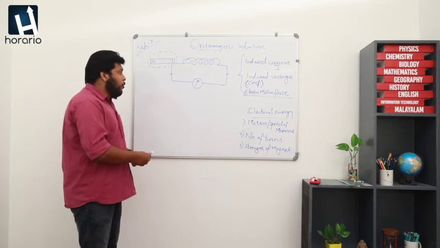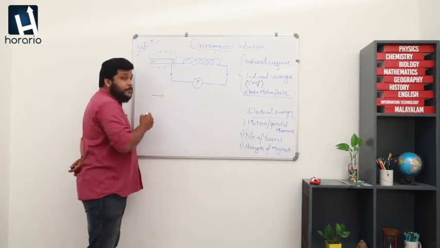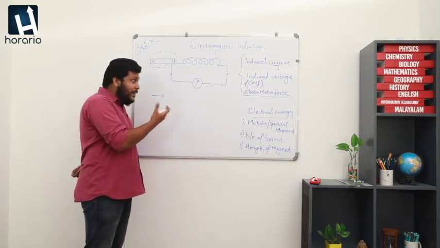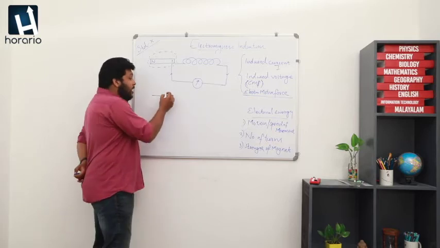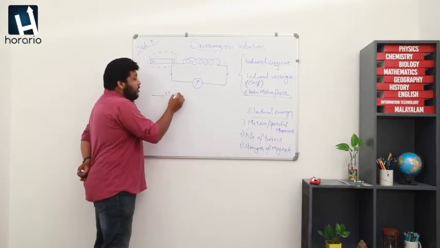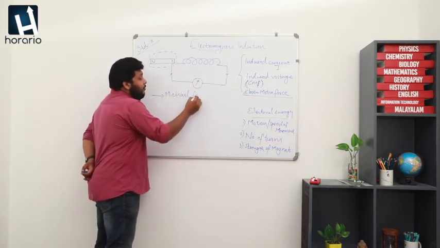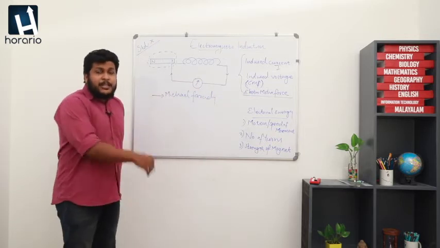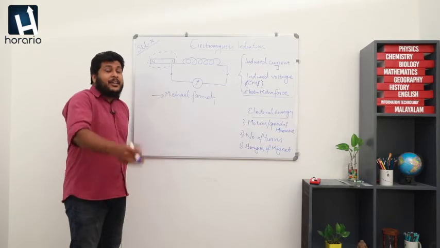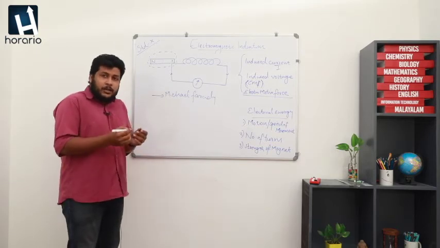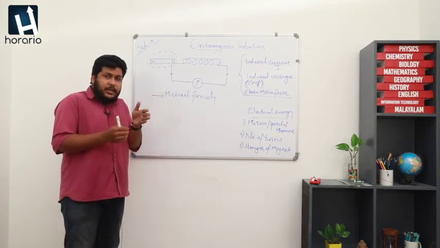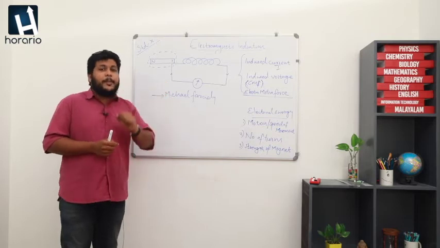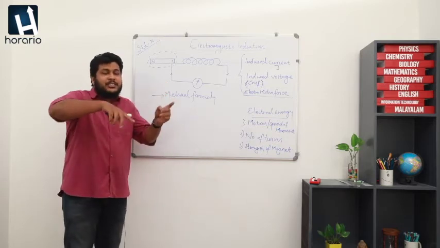As you all know, this idea was first proposed by the famous scientist Michael Faraday. Michael Faraday experimented with a magnet and a current carrying conductor, and he noted that when a current carrying conductor is introduced to a magnetic field, there is motion involved.